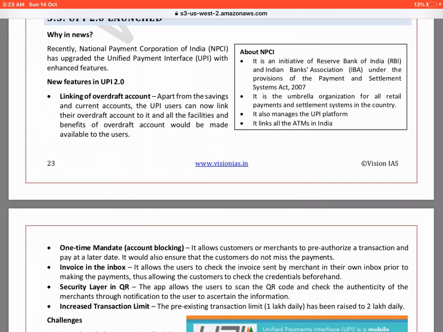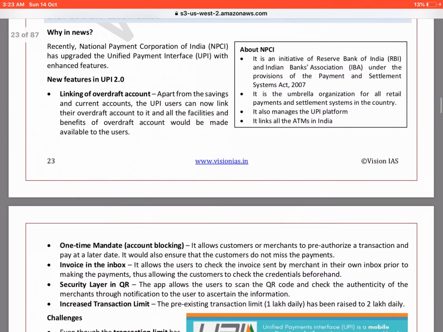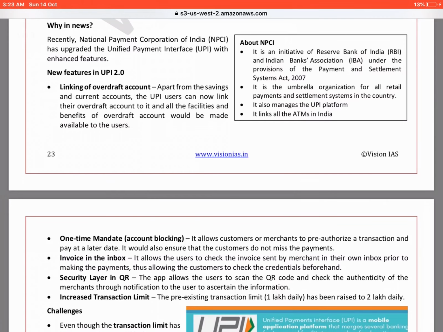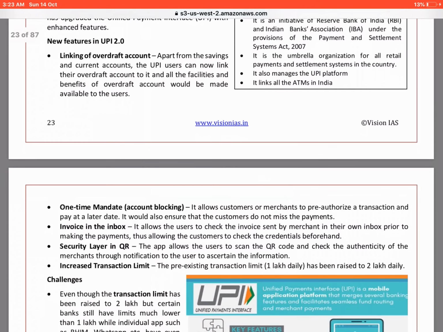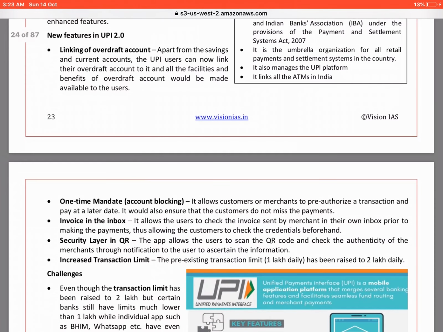So for all retail payments and settlements, it's just like Paytm that you use. It is similar on those lines. It also manages the UPI platform. So NPCI manages the UPI platform, and it also links all the ATMs in the country. So let us read about new features in UPI 2.0, that is linking of overdraft account.